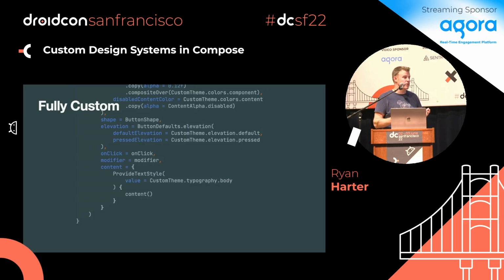And at that point, yes, you are able to use the Compose material buttons, text, all of those components, but you also have a whole lot of overhead and, in my opinion, a bunch of extra code maintenance that you're going to have to do. So those are the approaches from Google. That's what the Android documentation suggests for customizing material theming.